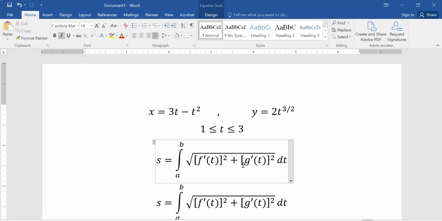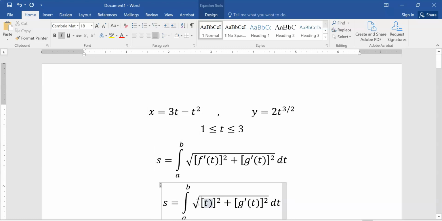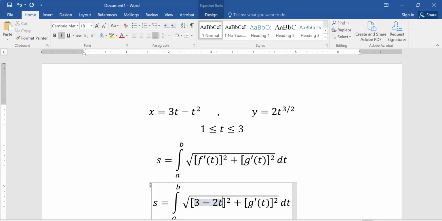The derivative of this x function is going to be 3 minus 2t, so I just replace f prime with 3 minus 2t. And I replace g prime with the derivative.